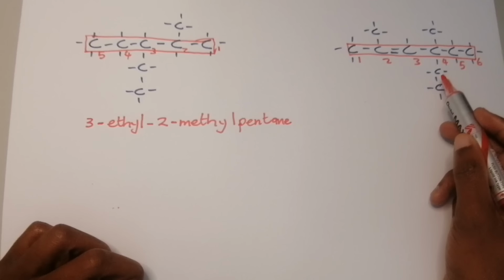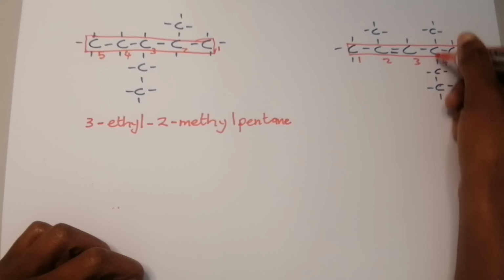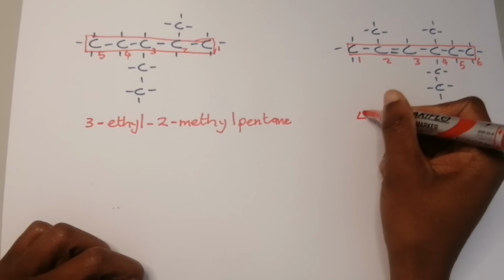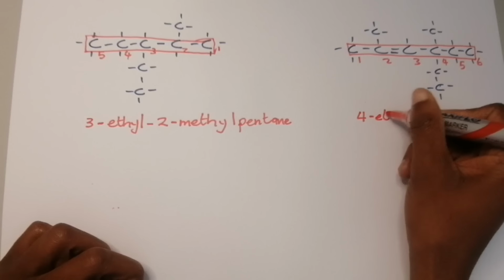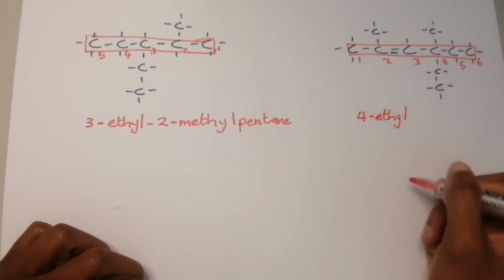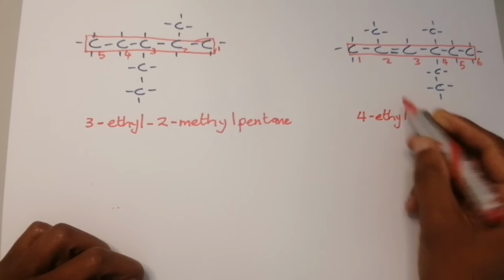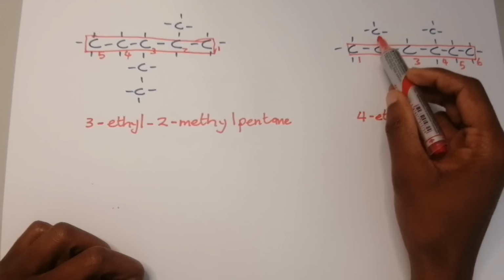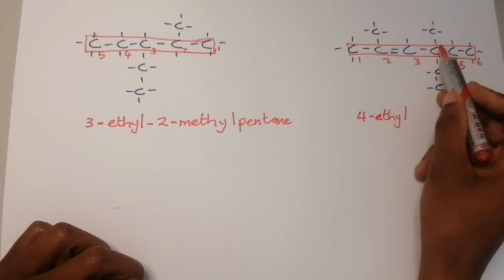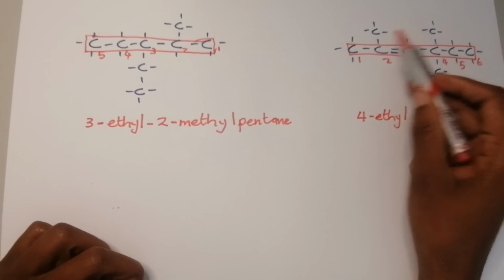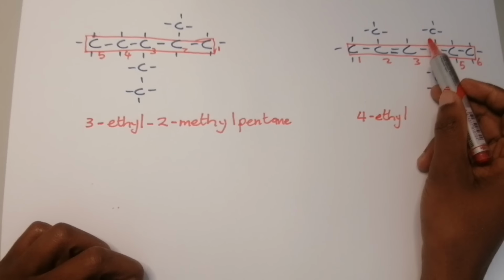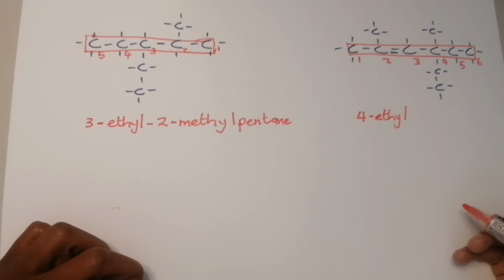Comes first. So notice in this case, this is going to be at carbon number 4, right? I've got ethyl, okay? At carbon number 2 and at carbon number 4, I've got methyl. We said when we've got 2 of the same things, you remember that? 2 of the same things, what do I do?